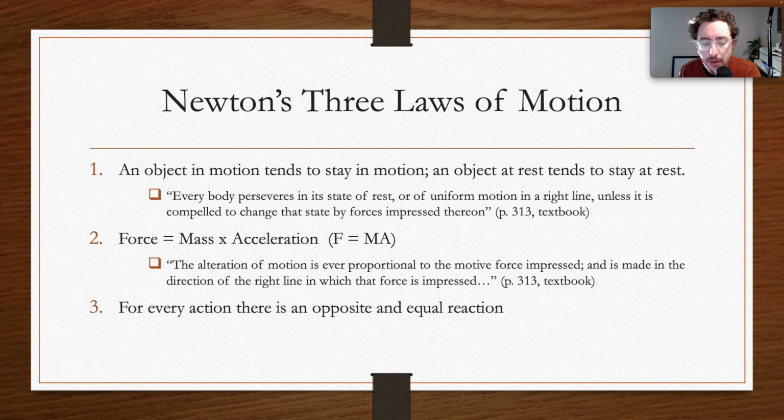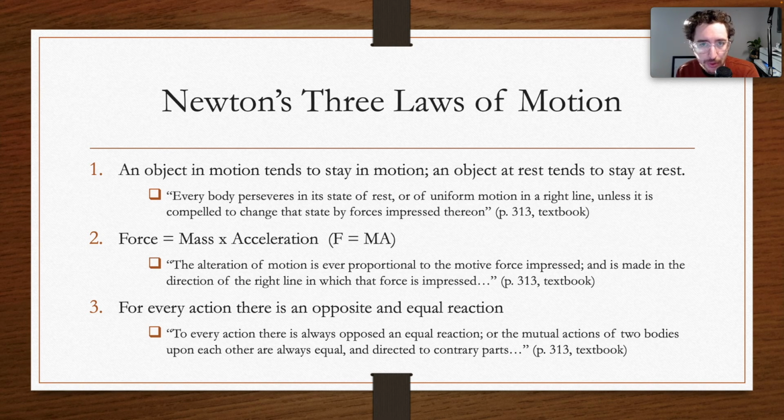And then the third law of motion says that for every action, there is an opposite and equal reaction. Now, the way this is actually put in the reading is he says, to every action there is always opposed an equal reaction, or the mutual actions of two bodies upon each other are always equal and directed to contrary parts. And so an example here is this idea of if I push against the wall as hard as I can, I am exerting a force.